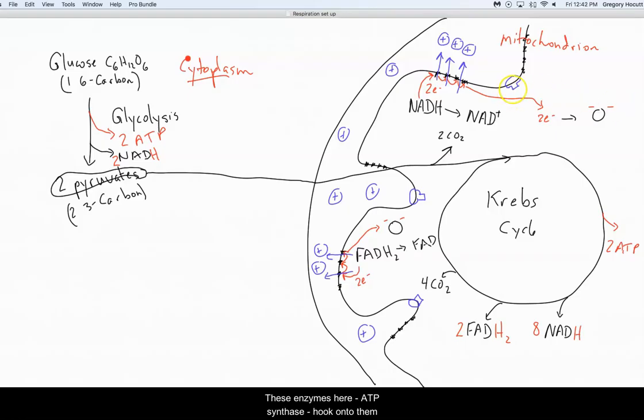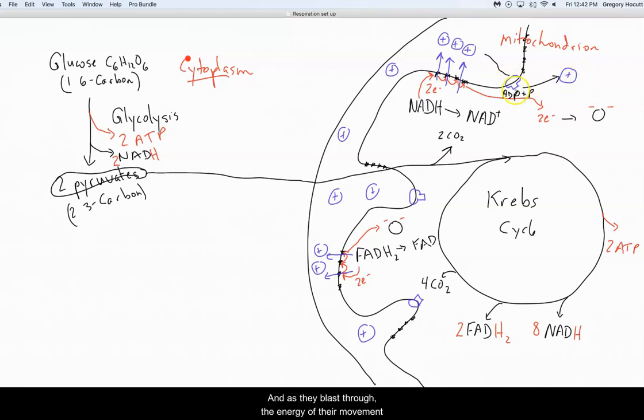These enzymes here, ATP synthase, hook onto them ADP, adenosine diphosphate, and free phosphate groups, okay? And then the protons blast through this enzyme into the matrix.